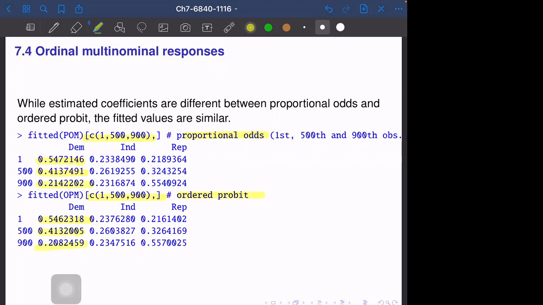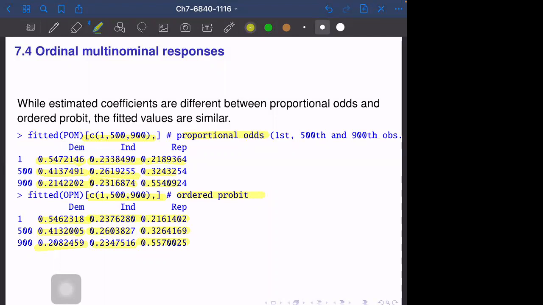All probabilities are very similar, with a difference of maybe up to 0.6%. So even though the functions are different and the estimated coefficients are different, essentially these models are similar. What's the difference? Which model is better depends on the data.